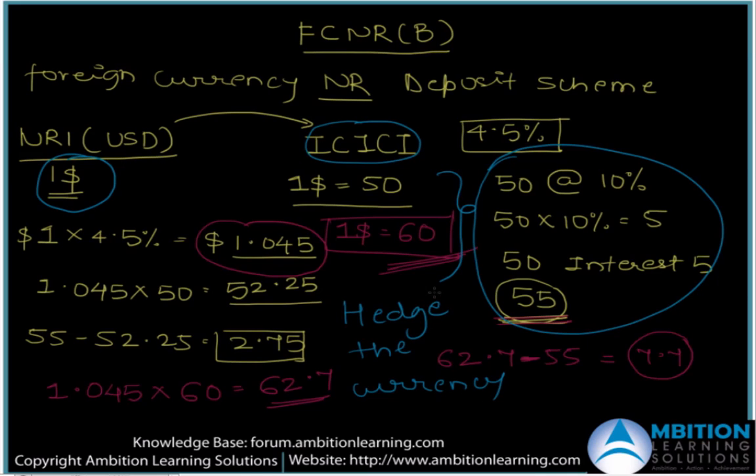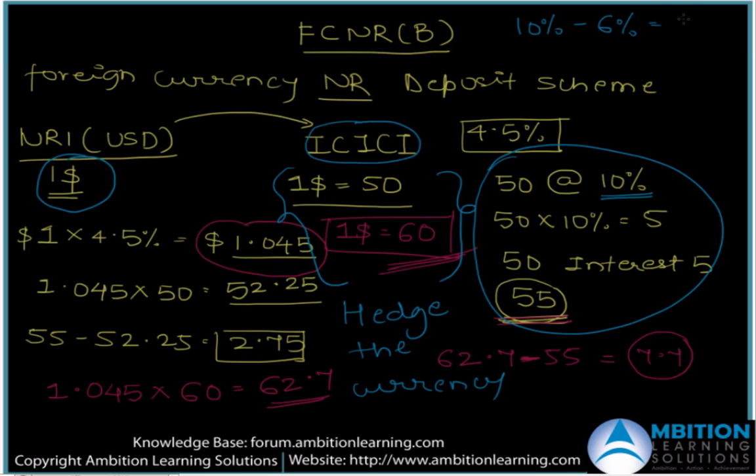Now, what is hedging the currency risk? Transferring the risk of the dollar movement to some other third party. But when you are transferring that risk to some other third party, you will have to pay some money. So, what I want you to understand is that if 10% is what ICICI Bank makes as interest, normally around 6% goes off for hedging the currency.